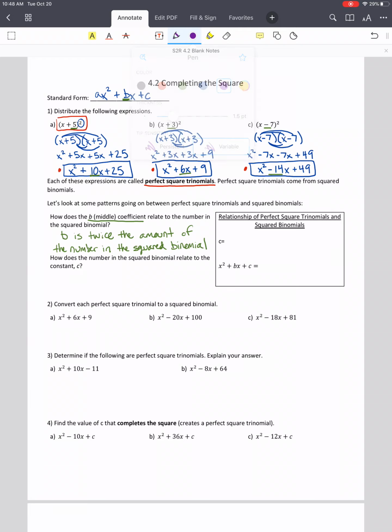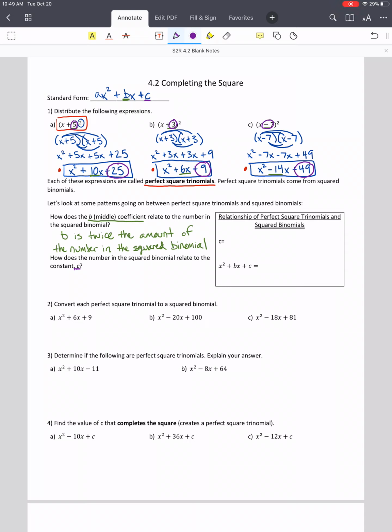Now how does the number in the squared binomial relate to the constant c? So this number at the end: 25 and 5, 9 and 3, 49 and negative 7. What pattern's going on there?